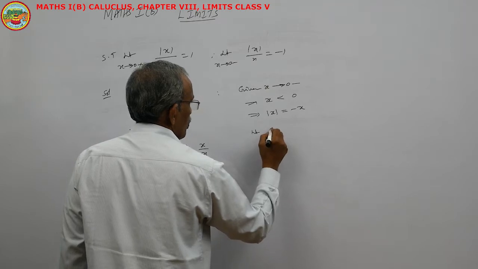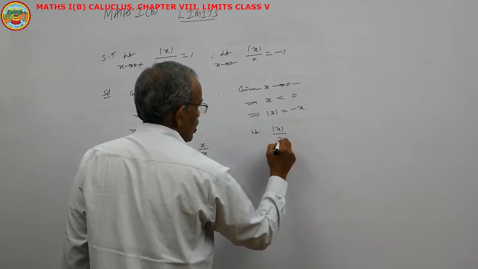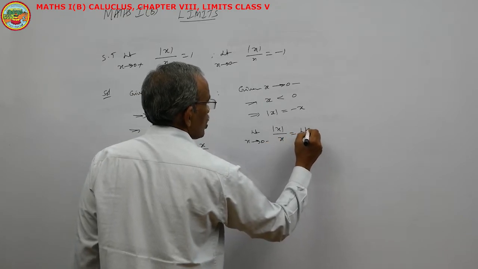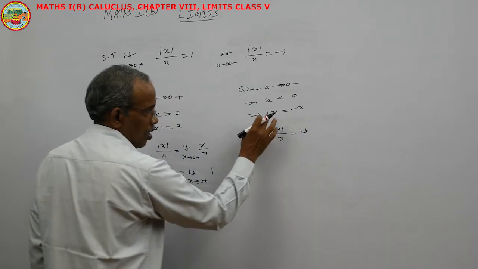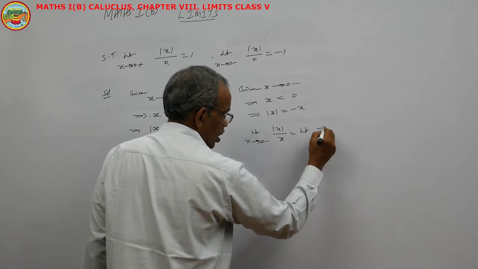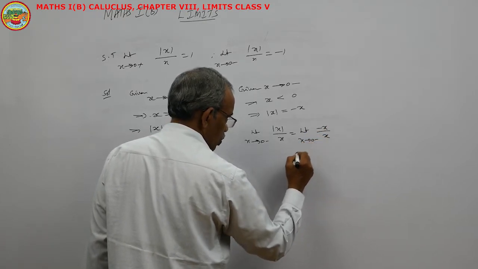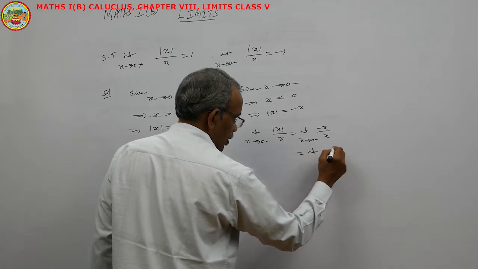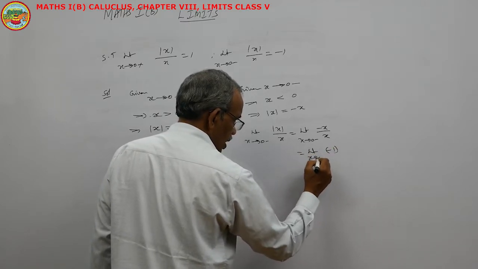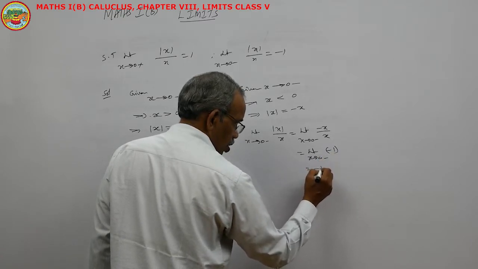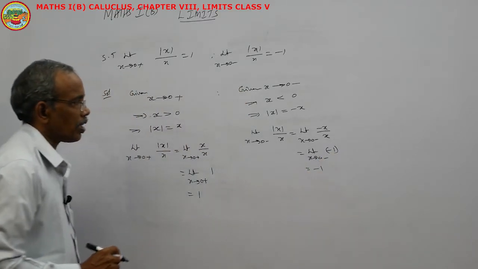So limit of the function modulus x by x as x tends to 0 minus is equal to limit of, in place of modulus x we have to write minus x, minus x by x as x tends to 0 minus, that is equal to limit of minus 1 as x tends to 0 minus. The minus 1 is constant, so we get minus 1.